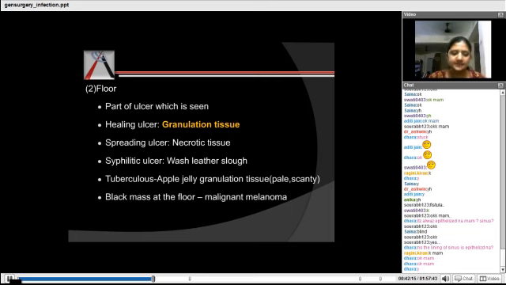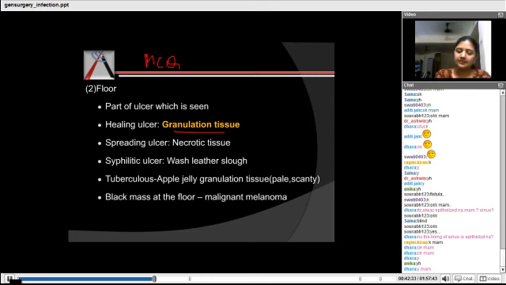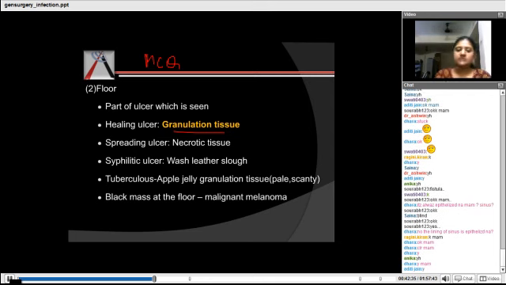Now we have different types of floors according to the type of ulcer, and this is a very important source of MCQ. A healing ulcer will show granulation tissue on its floor. Are you guys able to follow me? We are talking about the different types of floors and the types of ulcers they are seen in. If you see granulation tissue in the floor of the ulcer, it means it is a healing ulcer.